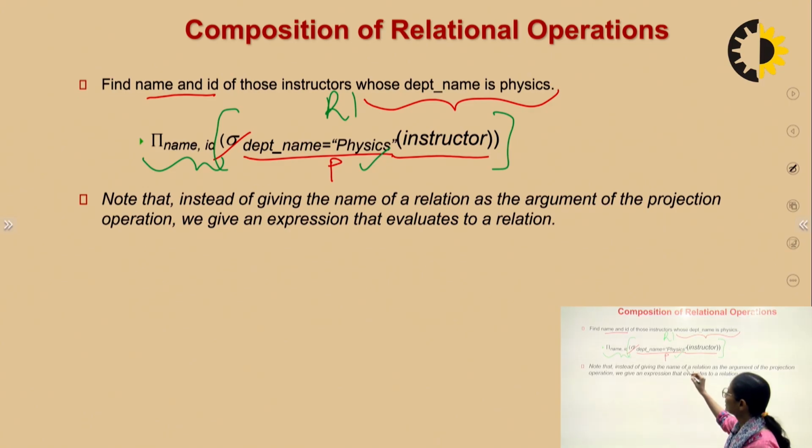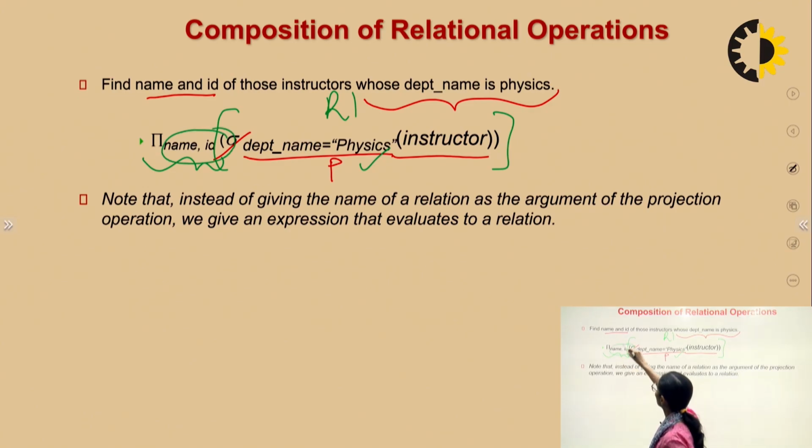Now, this name and ID will be selected from this resultant output of the innermost relational operation, and then the final output would be shown.